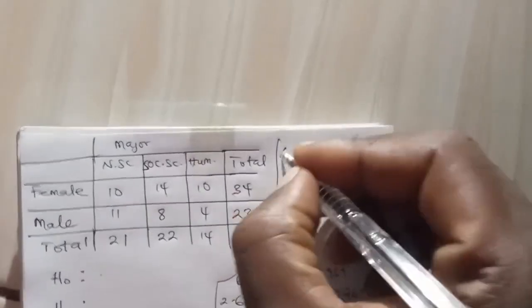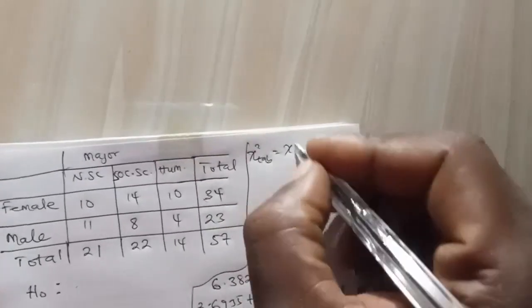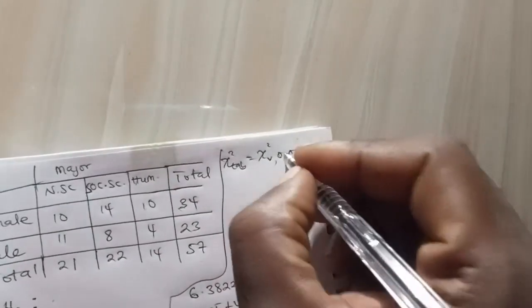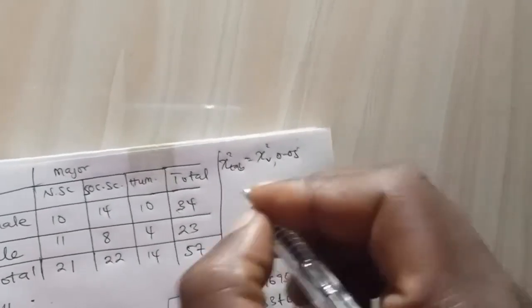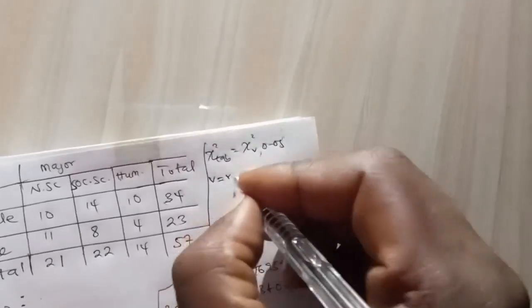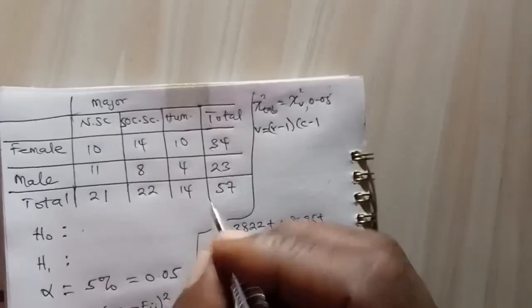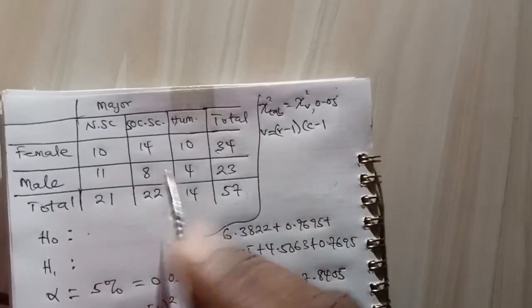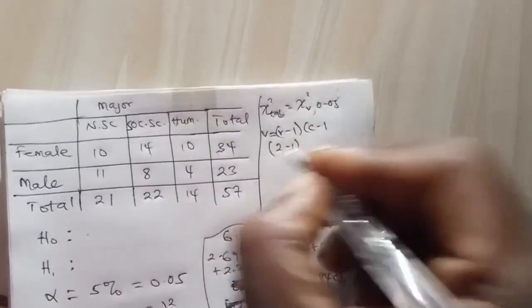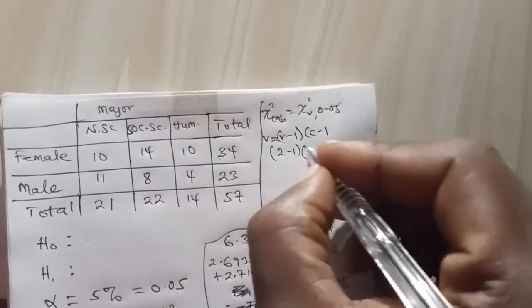For us to get the tabulated value, our tabulated value for chi-square will be chi-square v, 0.05, which is the level of significance given to us. And the degree of freedom v is given as the number of rows minus 1 times the number of columns minus 1. If we check the table, we have 2 rows only, so 2 minus 1, times, for the columns we have 1, 2, and 3, so 3 minus 1.